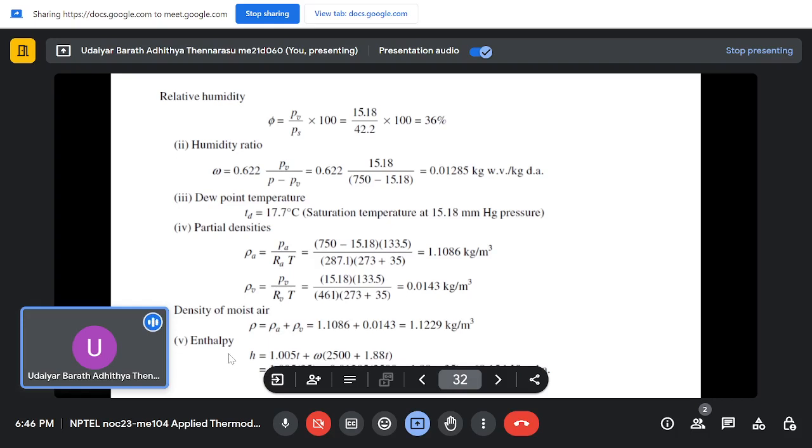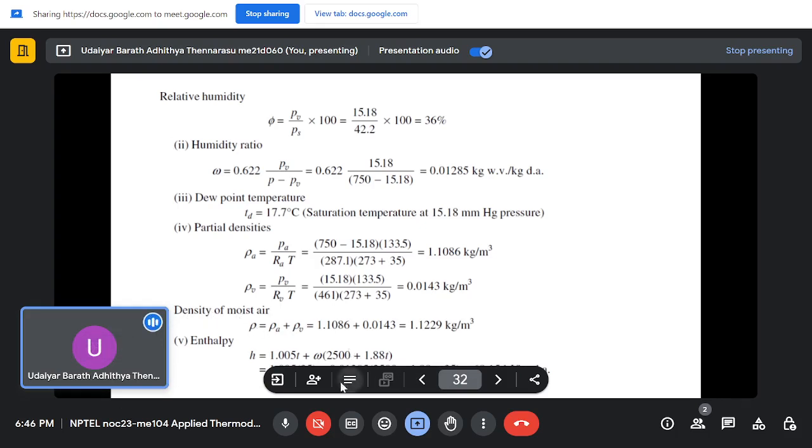So next question is enthalpy. Enthalpy is 1.005 T plus omega into 2500, which is your latent heat of water vapor at 0 degrees Celsius, plus 1.88 into T. So 1.88 is Cp of water vapor.